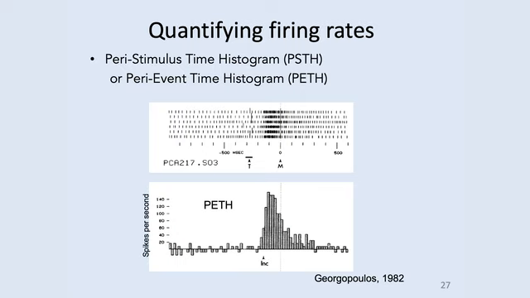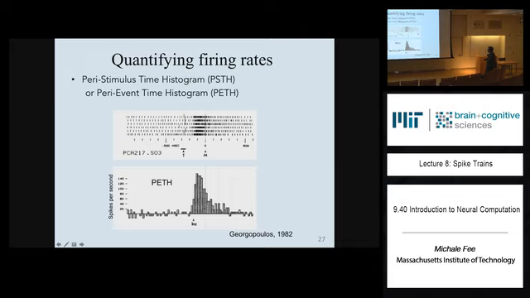So, for example, if you look at the analysis that Georgopoulos did in that 1982 paper for the arm movements of the monkey, they broke the trials up into small bins of about 10 or 20 milliseconds each, counted the number of spikes in each one of those bins, divided by that bin width, and computed a firing rate, spikes per second, in each one of those bins.